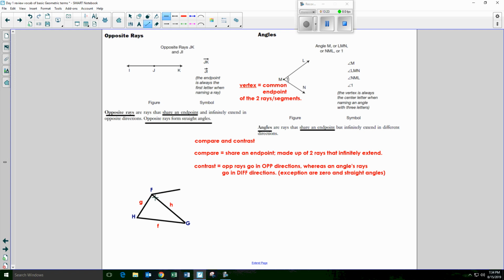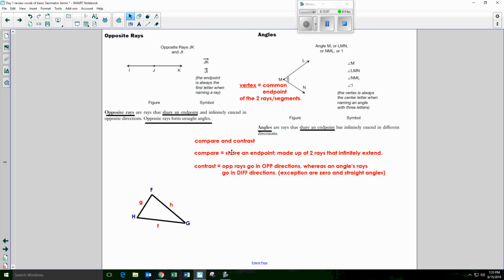So I have 3 possible angles right here associated with F. So I can't call it by a single letter in this case. I can call it H here and G here because there's only one angle associated with it. Okay, so the safest bet is not to use the one letter just in case there's other angles associated with it. Unless you're confident you know there's only one angle associated with like these 3 here, or this one here, do you call it by a single letter? Okay, so there's the 4 ways of naming angles. Notice they're all capital letters, okay, because they're all points.